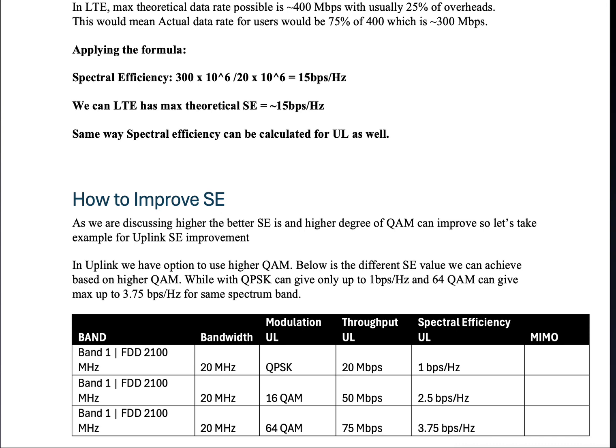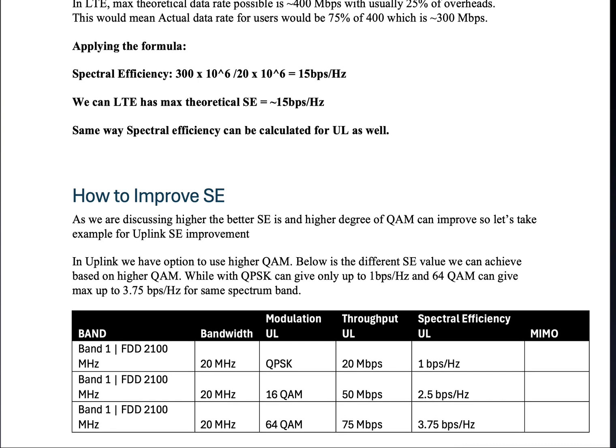Similarly, with 16 QAM, we reach 50 Mbps of throughput, 2.5 bps per hertz, and 75 Mbps with 64 QAM. So we can say there is almost a 3 to 4 times difference in spectral efficiency if you use QPSK versus 64 QAM in uplink. So it's a huge difference.